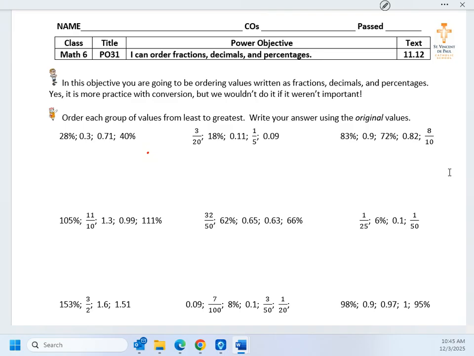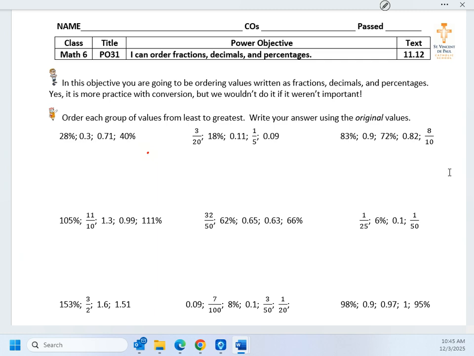When we look at percentages, decimals, fractions all mixed up, it's hard to know what's the least and what's the greatest, right? Because they're all mixed up. So we're going to convert them to all be the same kind. Turn them all into percents, or all into decimals, or all into fractions.